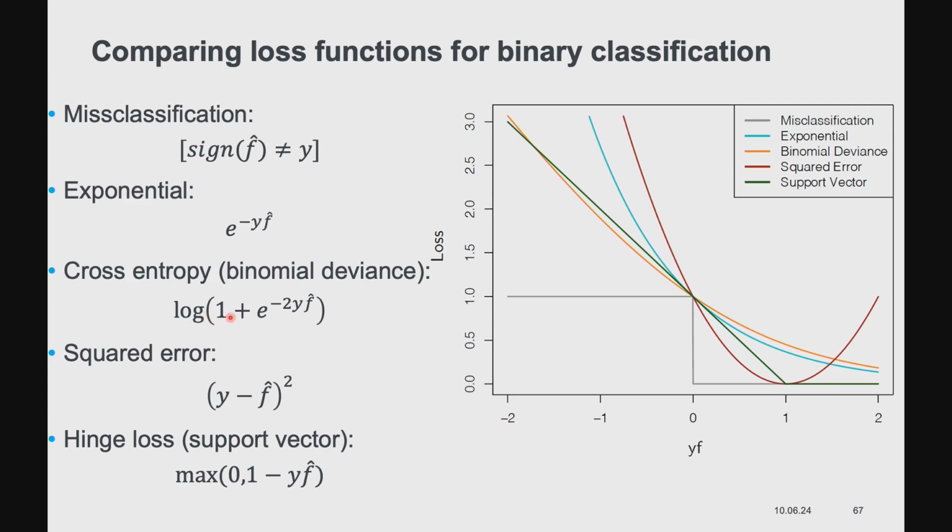This is the logarithm of 1 plus this in this dual case, but basically we have this cross entropy between the two distributions. And the cross entropy is in orange here. You see that the cross entropy does not go as quickly to a high loss as the exponential loss. And it does not go as quickly to 0 as the exponential loss.